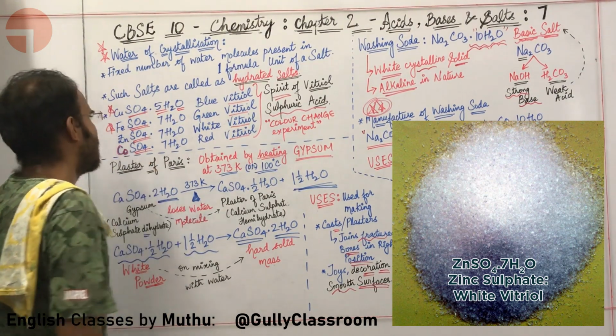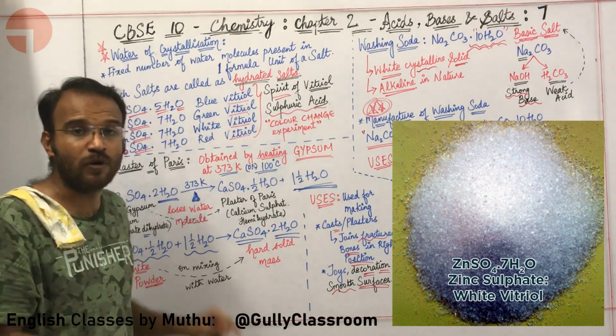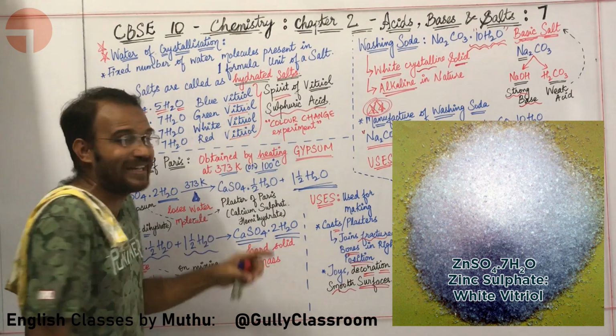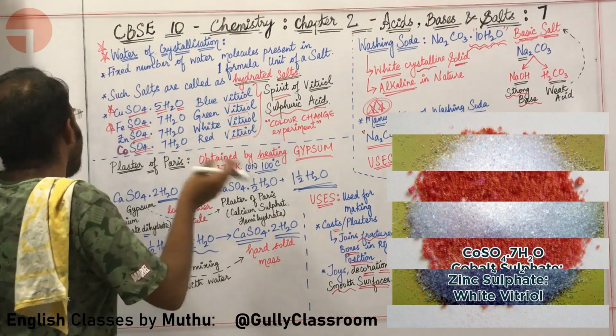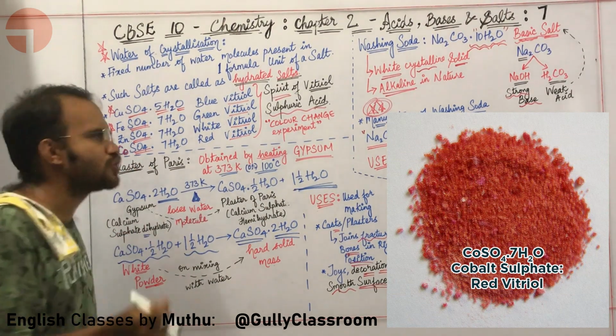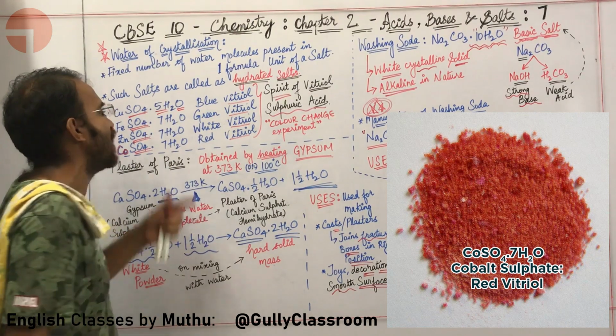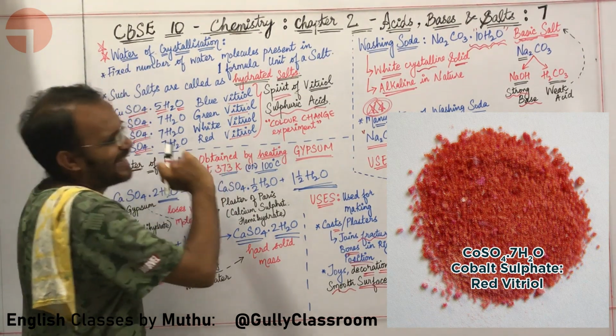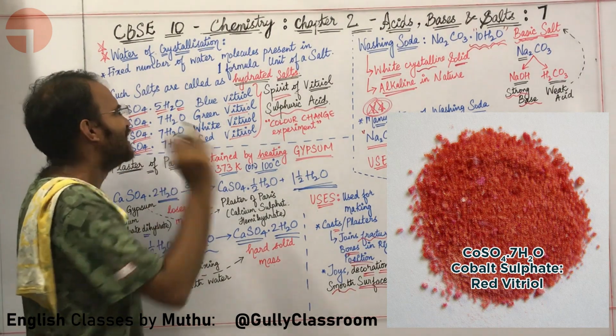ZnSO4 or zinc sulfate holds on to 7 water molecules. ZnSO4 dot 7 H2O. It is white in color, so called as white vitriol. Also CoSO4, cobalt sulfate, also holds on to 7 molecules of water. It is called as red vitriol, so it is obviously red in color.